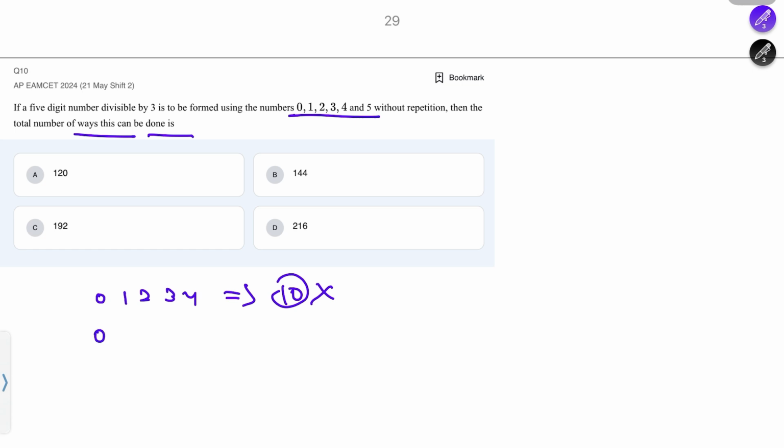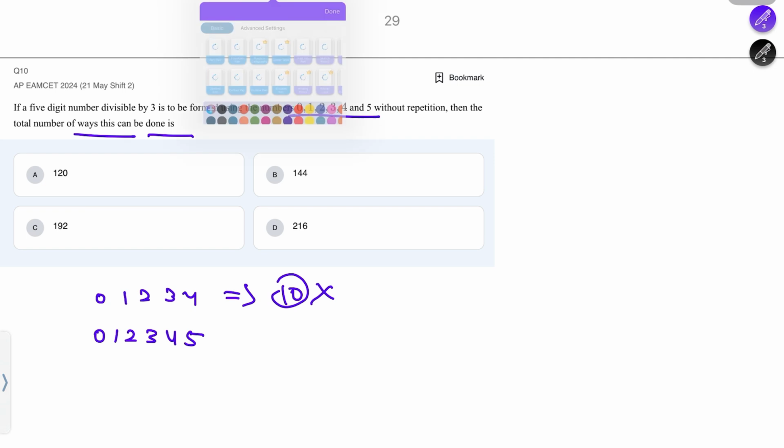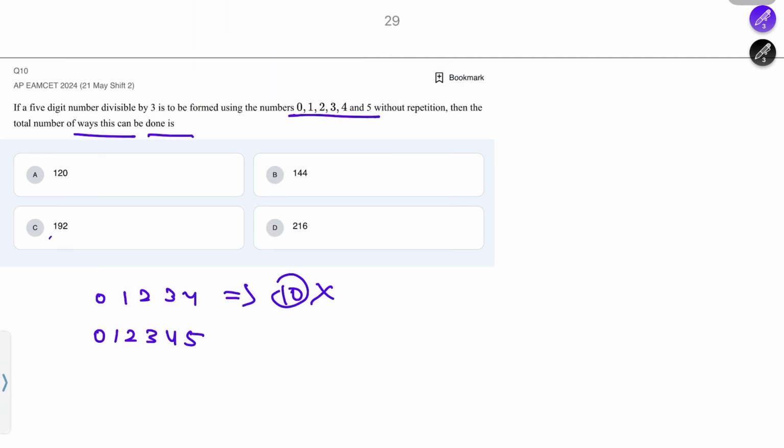Okay, now take 0, 1, 2, 3, 4 and 5, then skip the 0. Use the remaining digits and check whether the sum is divisible. So 1 plus 2 plus 3 plus 4 plus 5 is 15, correct. 15 is divisible, so that's why it works.